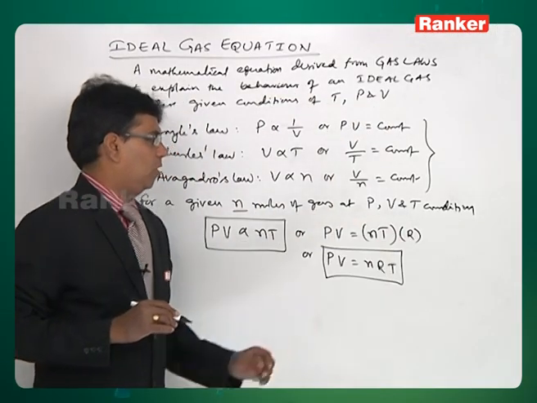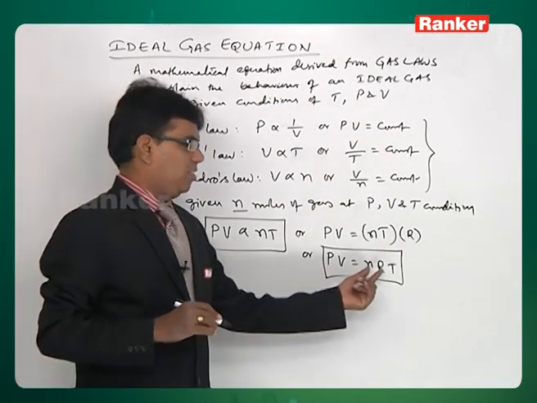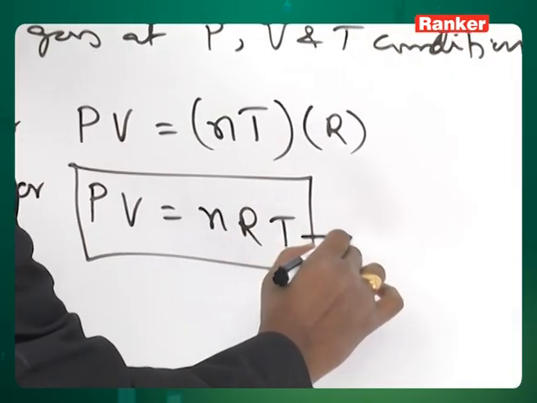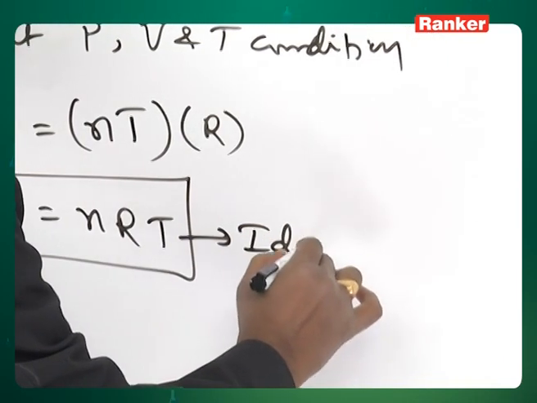R is a proportionality constant. This PV is equal to nRT is the ideal gas equation.